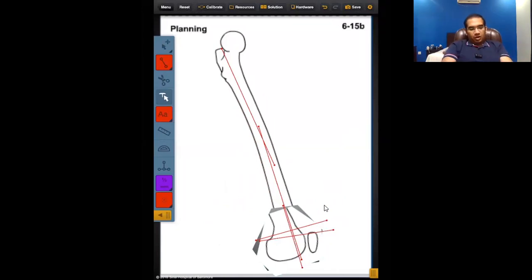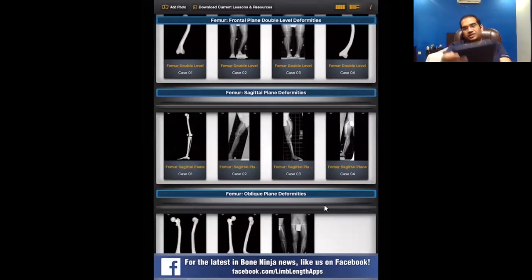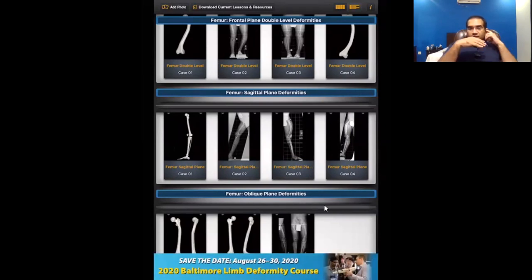Okay. So till now, we have discussed the bony aspect of sagittal plane deformities. Whether the deformity can be in the diaphyseal portion, the metaphyseal, or a metaphyseal-diaphyseal portion, which can lead to procurvatum or recurvatum, and how to correct it.